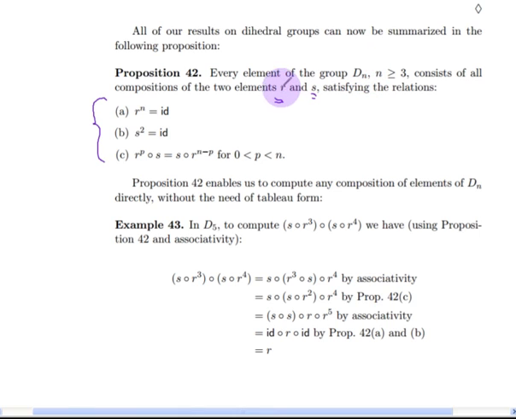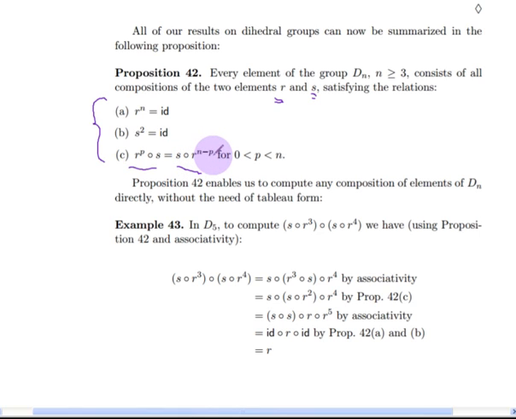Given that R and S have these properties: R to the n is the identity, since R is the basic rotation. S squared is the identity because S is a flip. And then we have this relation when you compose R and S. If you take R^p composed with S for any p, that's the same as S composed with R^(n minus p).